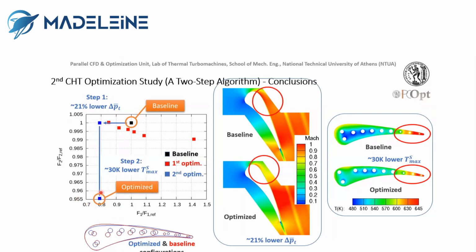You may see this point fully dominates the previous front, and the main reason for this is that we have a completely different design space for this run. Here is the resulting geometry. You can see the new cooling hole locations, which result in a 30 Kelvin lower maximum temperature, mainly from the trailing edge part, which is the most important part when working with turbines.